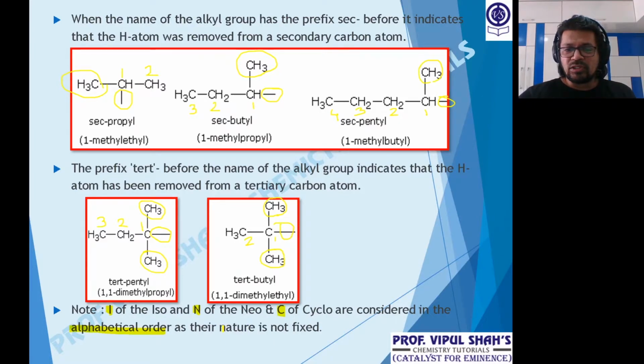Answer is simple, because their nature is not fixed. What do you mean by nature? Iso can be 1 degree. Normally iso are always 1 degree, but when iso becomes sec, exceptions, it changes to 2 degree. Same way neo can be 1 degree also, can be 2 degree also. Cyclo, depending upon the group how it is attached, there also the degree will change. So these 3 are to be considered.